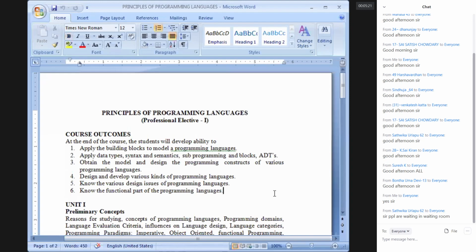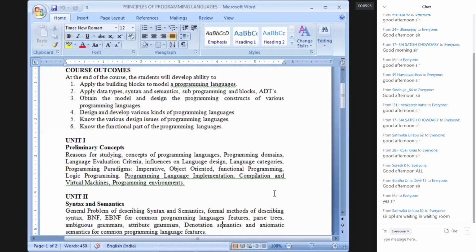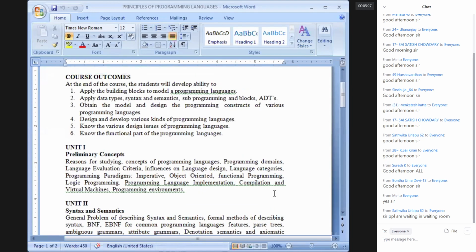So at the end of the course, you are navigated to learn throughout this course with these outcomes. And you know that the syllabus is scattered into 6 units.